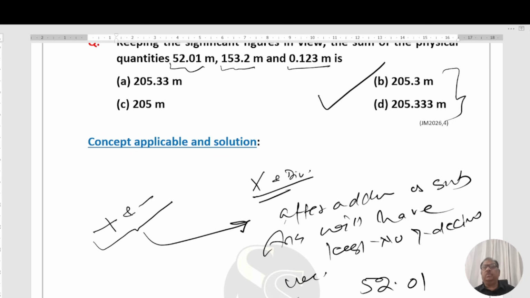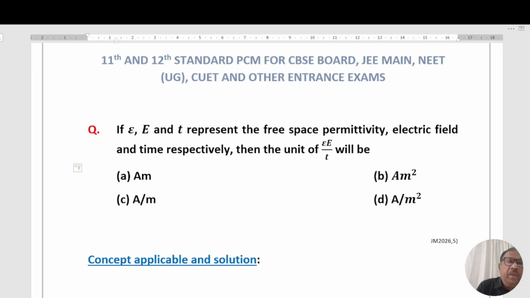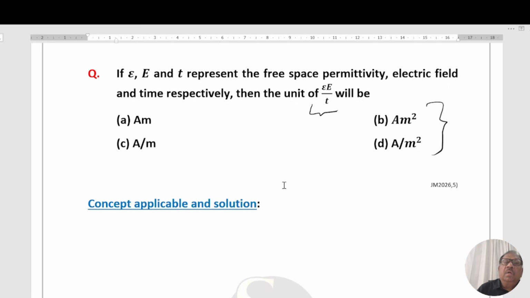Question. If epsilon, E and T represent the free space permittivity, electric field and time respectively, then the unit of epsilon E upon T will be, four options are given. One method is to put the dimensions and simplify. But we have to move smartly.